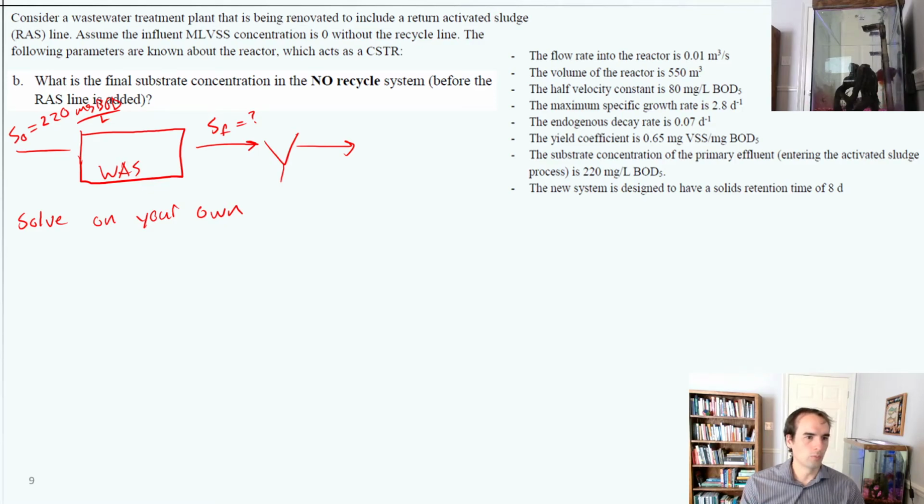Maybe it would be good to practice deriving that equation based on the assumptions and prove to yourself that you can work with this system, and you can take a look at the two different reactions that are going on, the rate of growth and the rate of death, and how those play a role together in that mass balance. So here we would do a mass balance on X first.